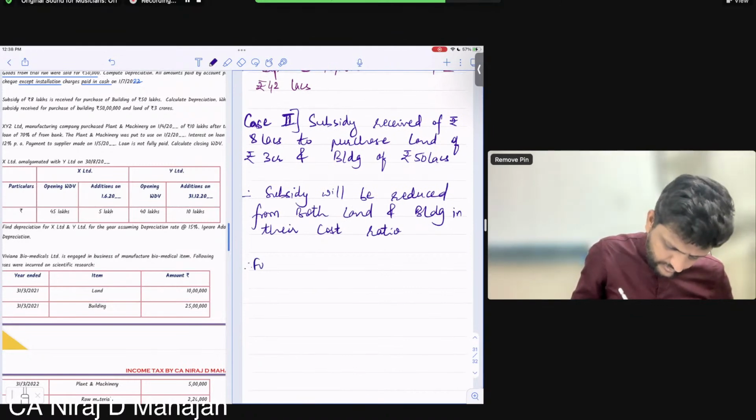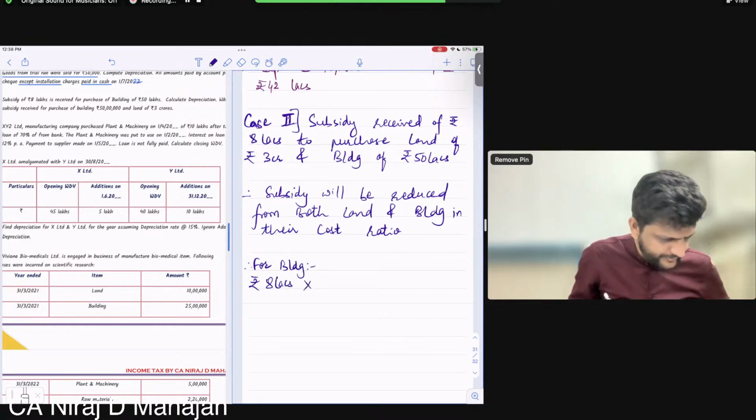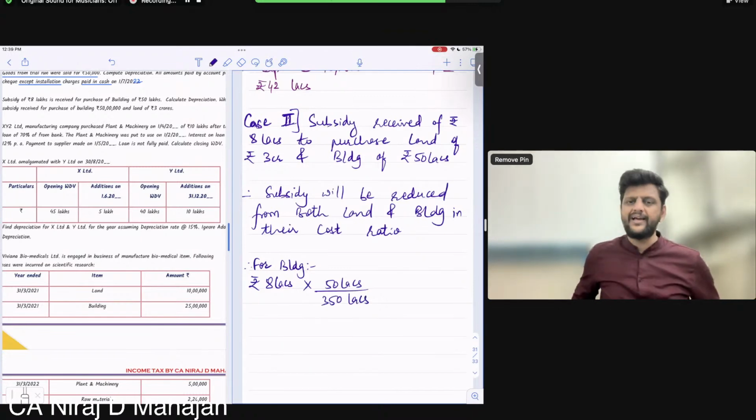Therefore, for building, rupees 8 lakhs into 50 lakhs upon 350 lakhs. How 350 lakhs? 3 crores is 300 lakhs only.